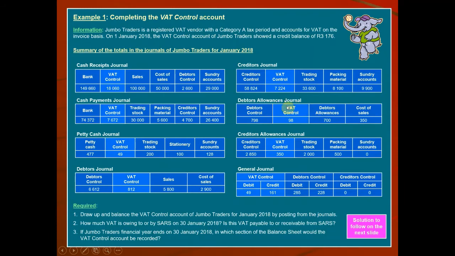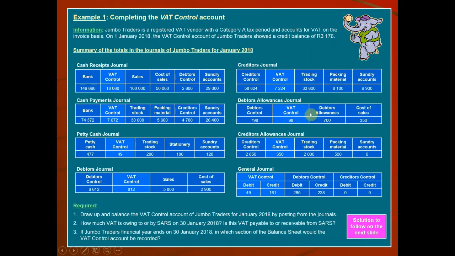Debtors allowance journal, that is now in a sense the opposite of the debtors journal. Debtors journal, when we were selling, resulted in an output, we owed SARS more. So debtors allowances means we will owe SARS less.